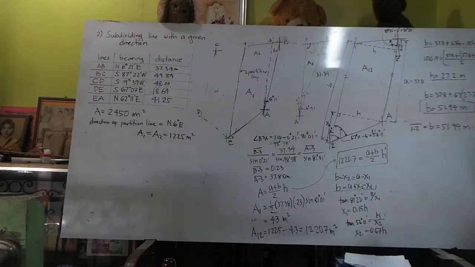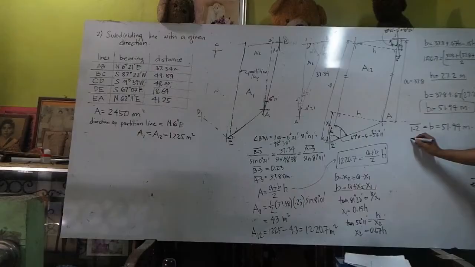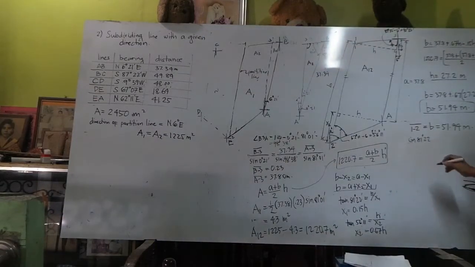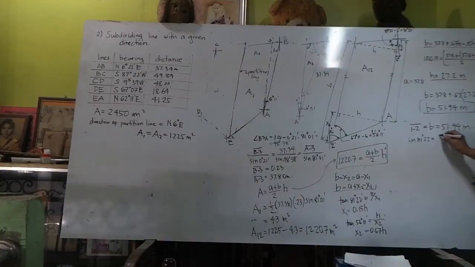Using our h distance, sine of 81 degrees and 22 minutes is equal to h over line 1-3, which is 27.2 over line 1-3.